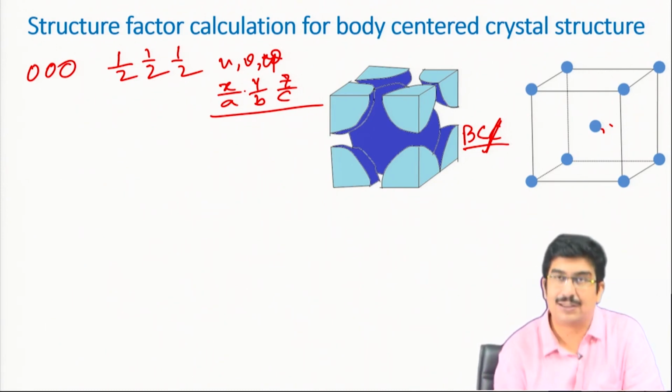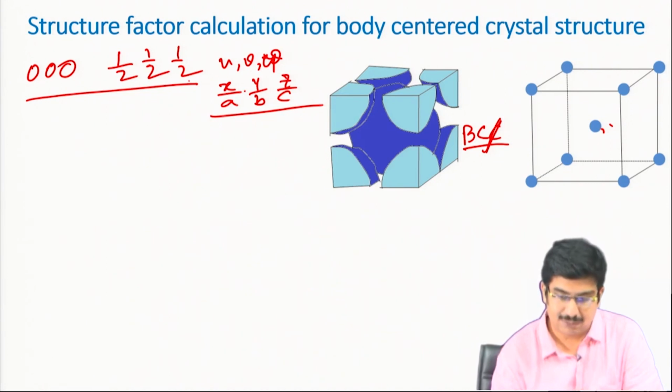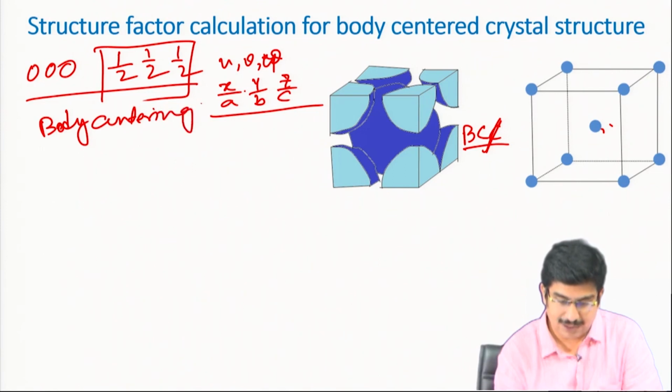So, these are the two atomic positions for a body centered unit cell, and this one, half half half, is called the body centering translation.